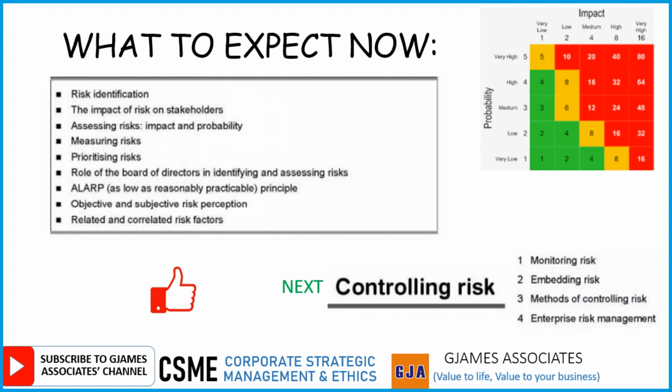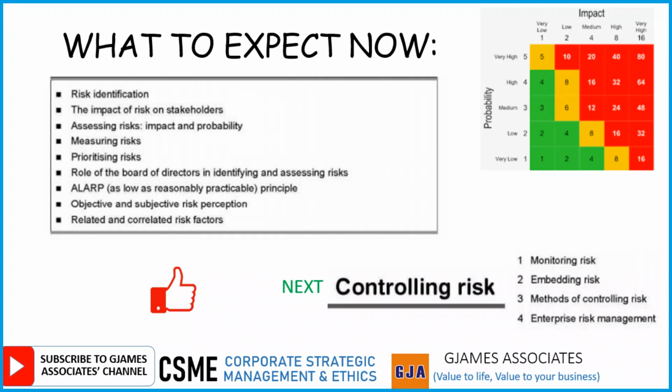Their impacts are very low. So that is the ALARP principle. As low as reasonably practicable, we must reduce our risk and measure them against the cost, against their impacts and severity.